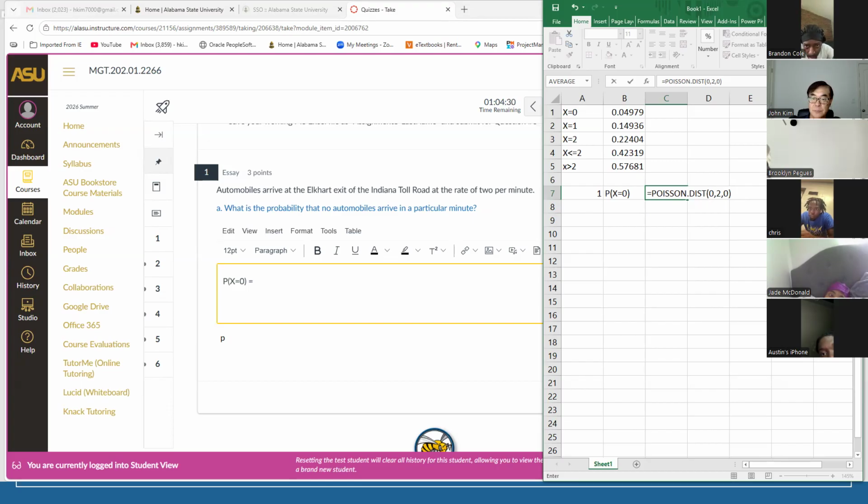And can I enter? So it is 0.3534, 0.3534.